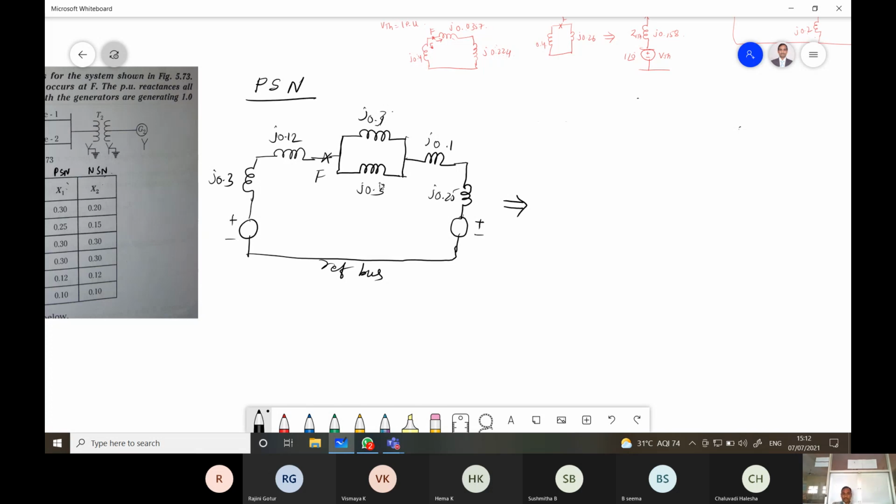So these two are in parallel, these two are in series. 0.3 plus 0.12, 0.42. Take 1 per unit, that is given, all generators are generating 1 per unit.